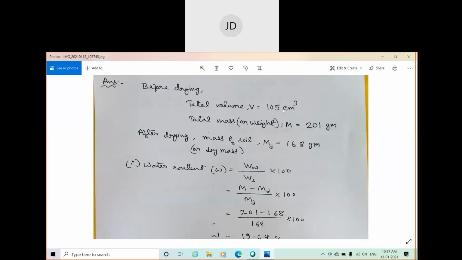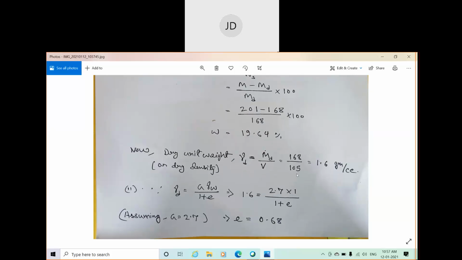Just putting these values here, you will find the value of dry unit weight or dry density as 1.6 gram per cc. Now knowing this value, just simply put the value here and solve this equation, you will find out the value of e. You do it by yourself. That void ratio will be 0.68. It is your value of void ratio.